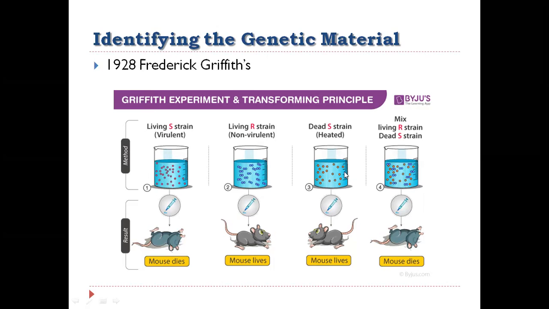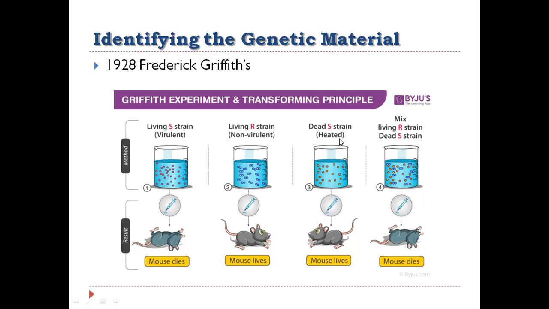In the third case, what happened was that Griffith heated and killed the S strain of the bacteria, and then he injected this into the mouse, and then the mouse lives. So the bacteria didn't kill the mouse. And in the last experiment, he used the living R strain and the dead S strain.